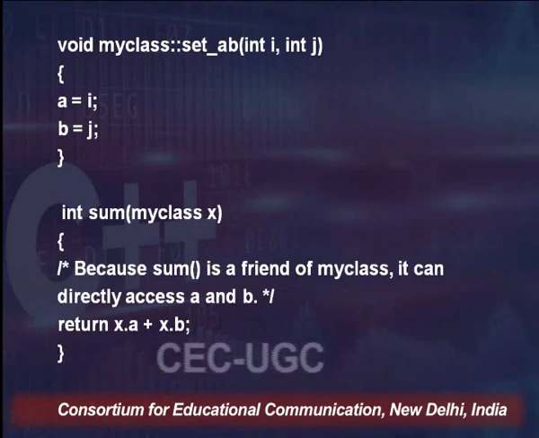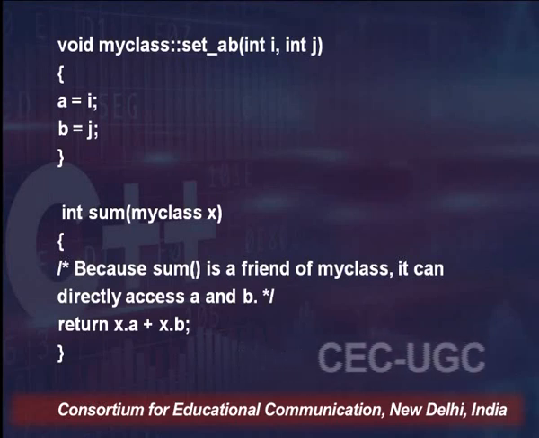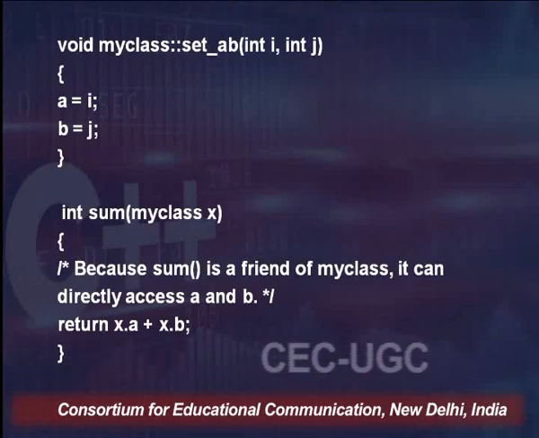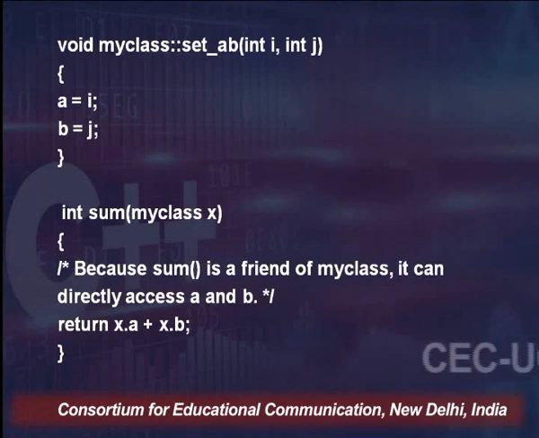That is why we have written MyClass scope resolution operator set_AB. For the next definition, which is of sum, sum is not a member function of MyClass, so we are not writing it using the scope resolution operator.